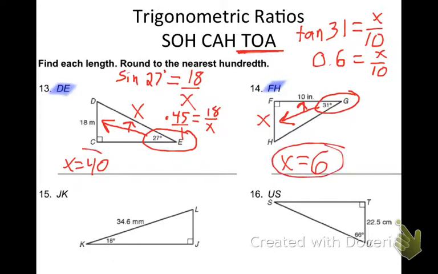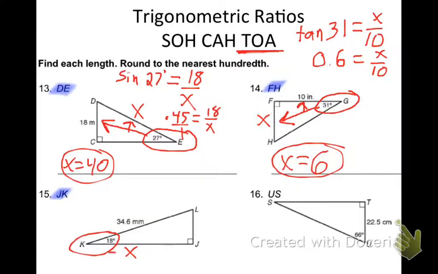There's our answer. Number 15. I want to find JK. So JK I'm going to label here as X. What trig function do I need to use here?